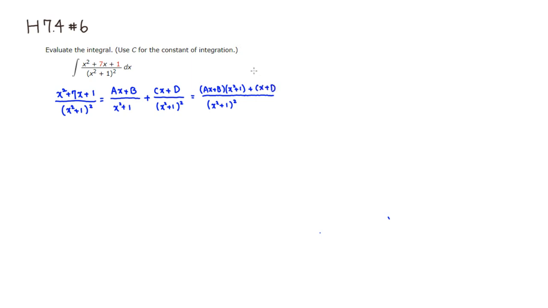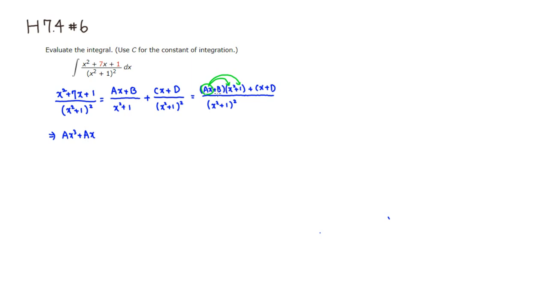If you multiply out the numerator, I'm going to just look at the numerator here. You have ax times x squared, so I'm going to distribute ax to x squared and 1. We get ax cubed plus ax.